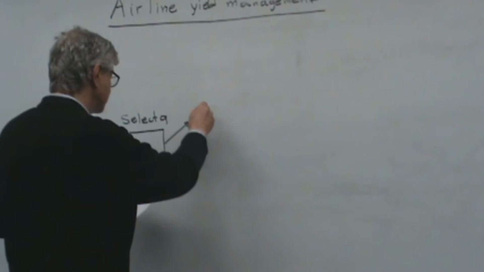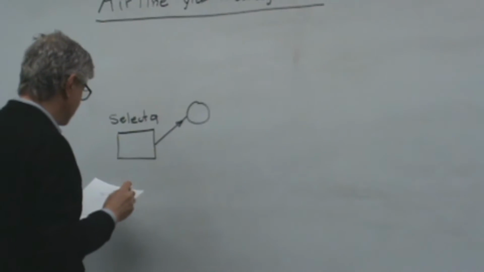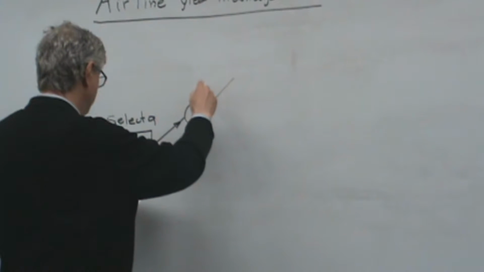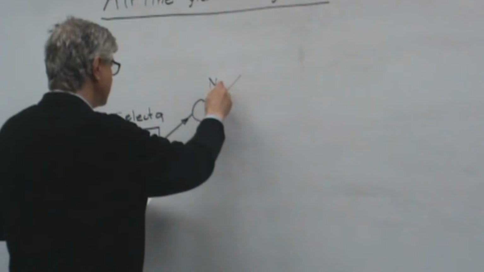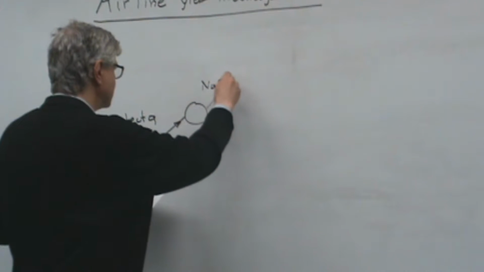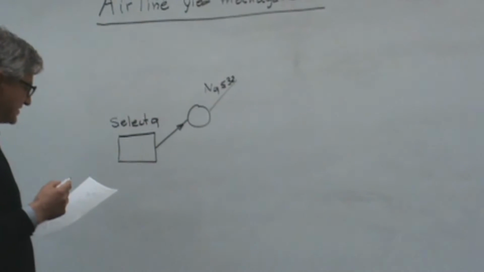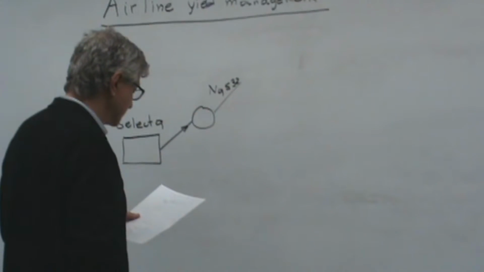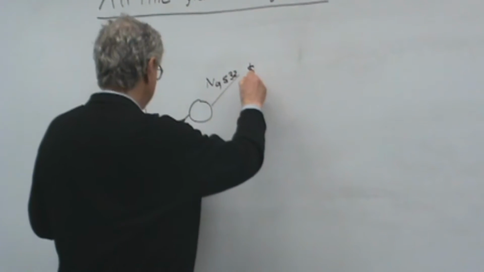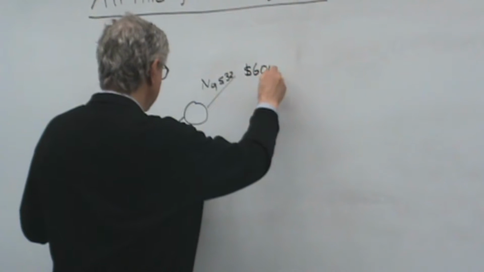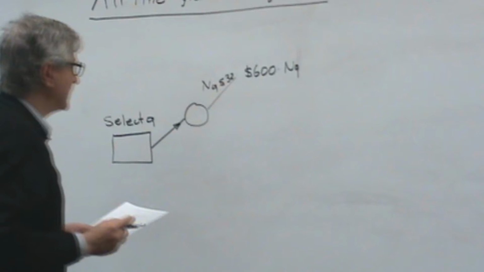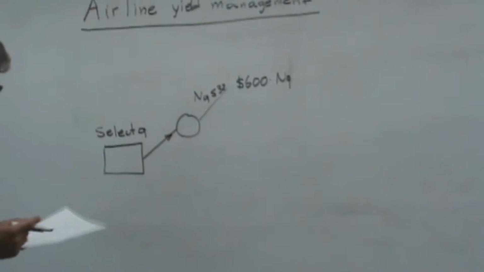Then we consider what will happen if NQ is less than or equal to 32, that means 32 or fewer passengers showed up. In that case, the profit is $600 per passenger times the number of passengers who showed up, okay?